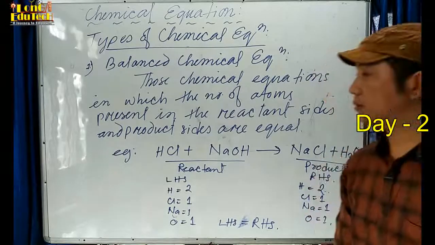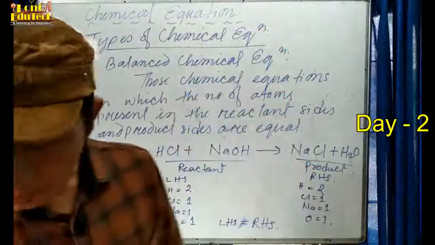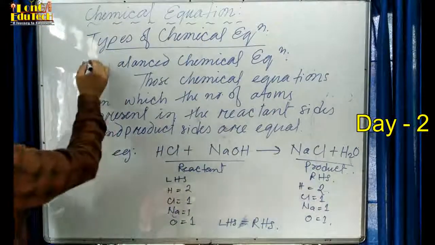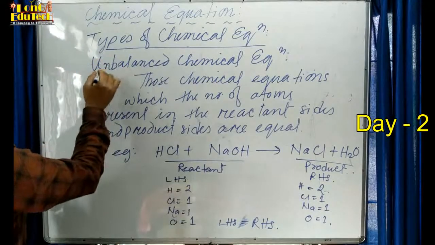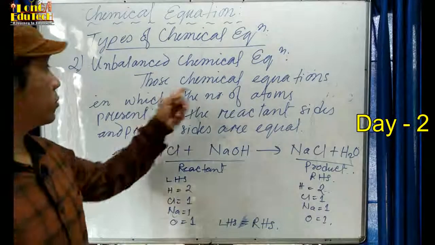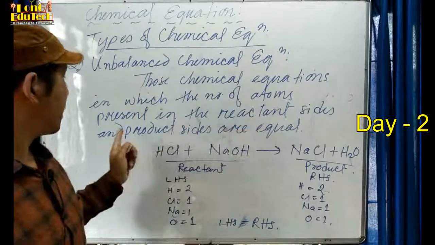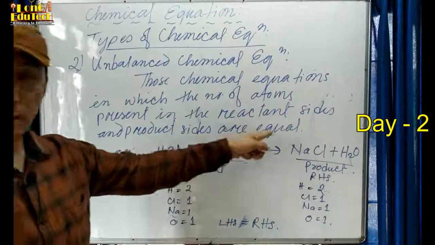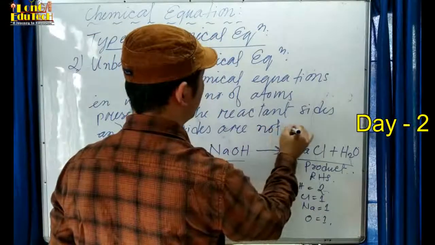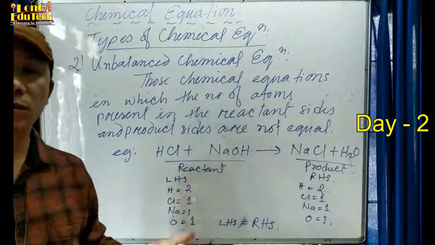Now we'll proceed to the other type, that is the unbalanced chemical equation. Here the definition is the same: those chemical equations in which the number of atoms present in the reactant side and product side are not equal. The reactant side and product side will not be equal.